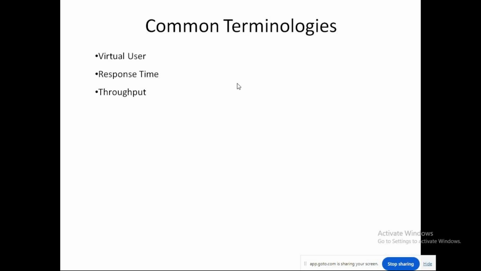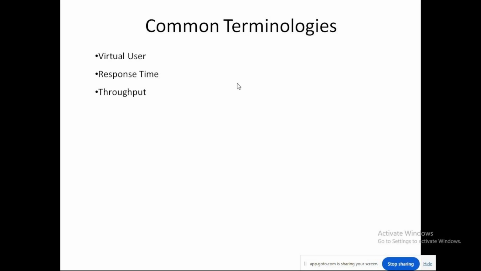Those transactions we will call user actions. So user actions will be conducted on the mobile application by the different users. When user actions are conducted, the requests will go from the client to the server, right?